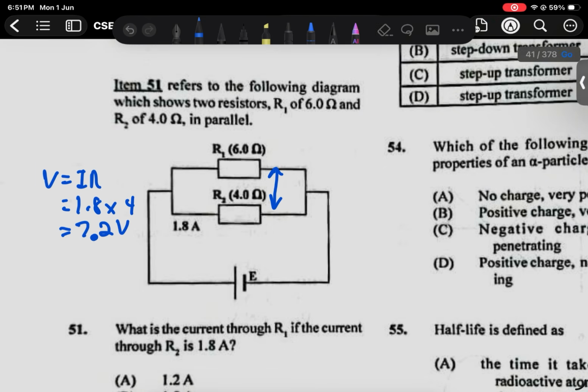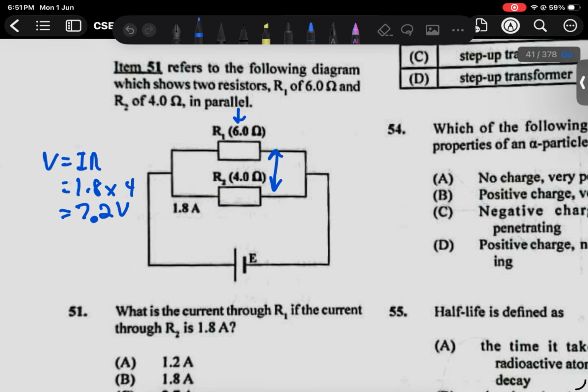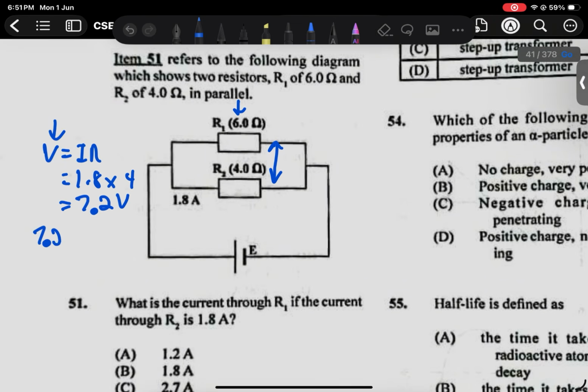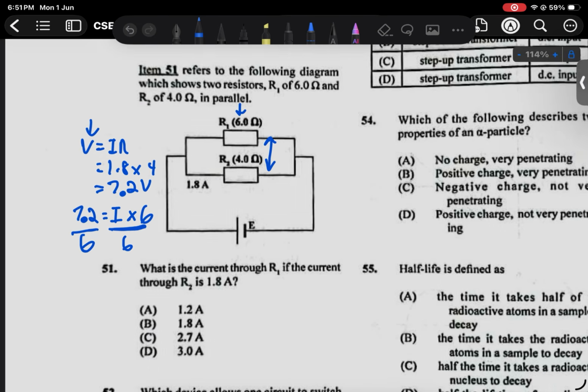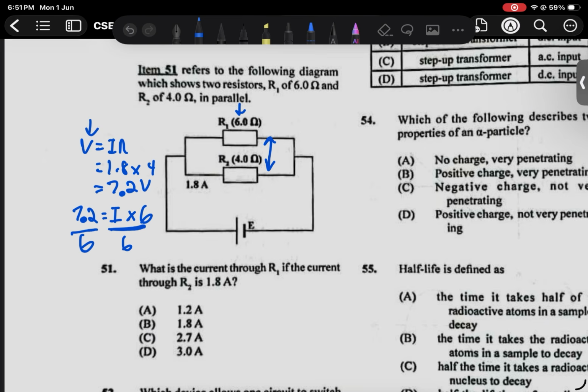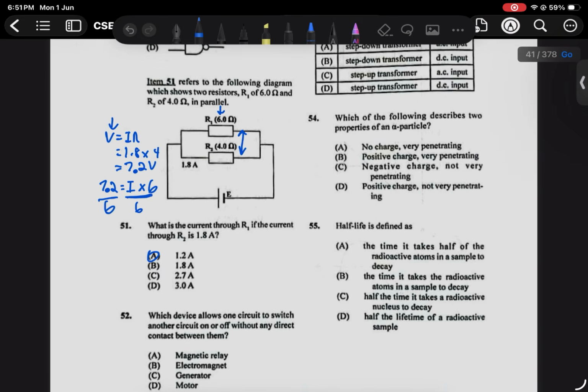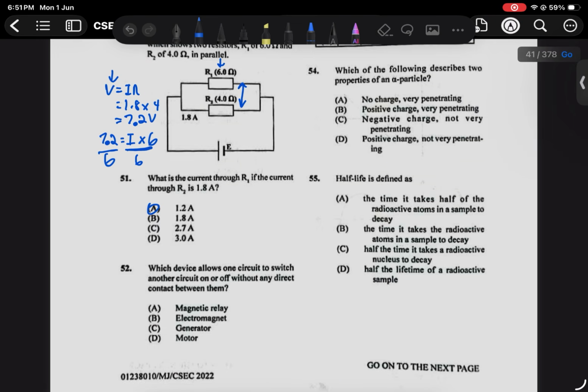So we're going to apply that voltage to this resistor. Using the same Ohm's law formula, 7.2 volts is equal to the current that we're trying to find multiplied by the resistance. Divide both sides by 6, and we should get 1.2 amps. Current flows in the path of least resistance.